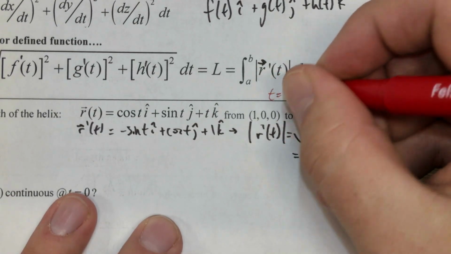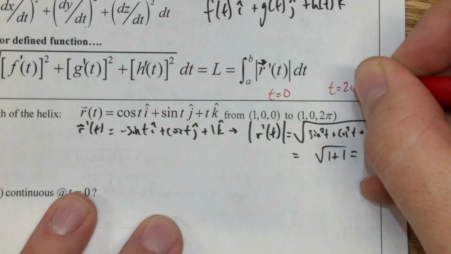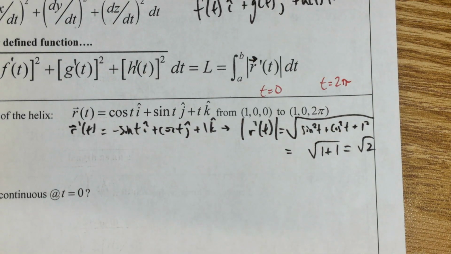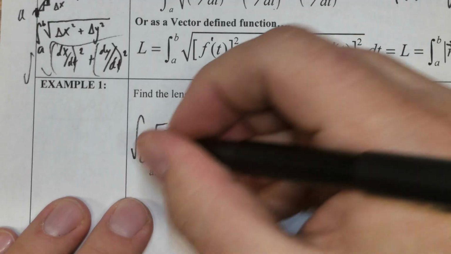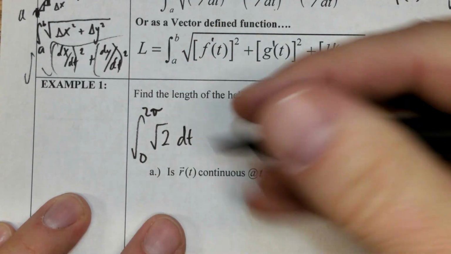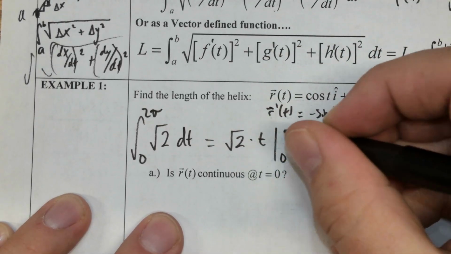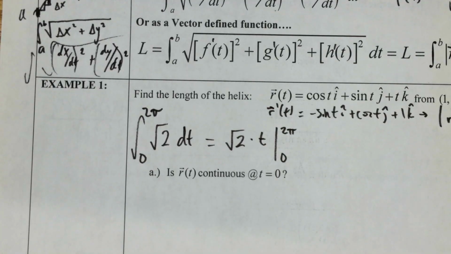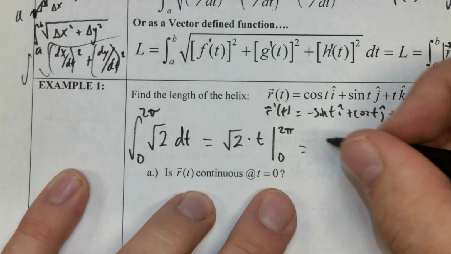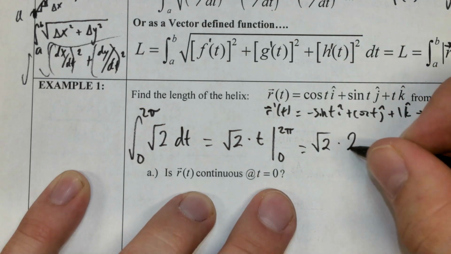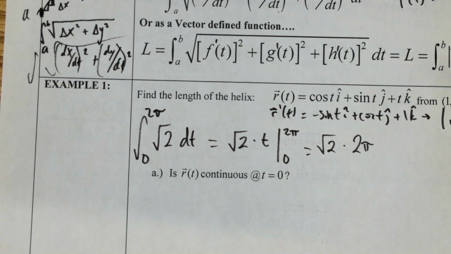So here, t is equal to 0, and here t is equal to 2 pi. Those become the bounds on my integral. I find my antiderivative, root 2 times t, and I evaluate that antiderivative from 0 to 2 pi. I'll get square root of 2 times 2 pi minus 0.